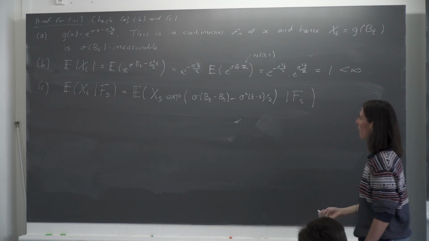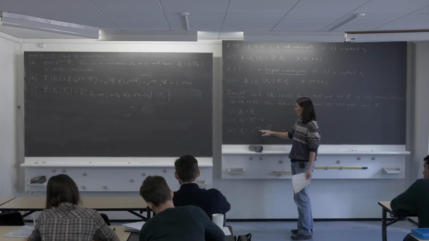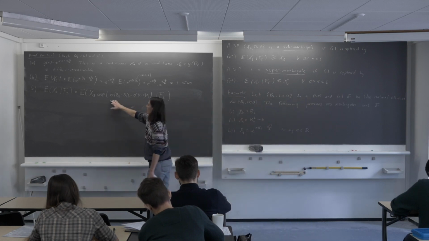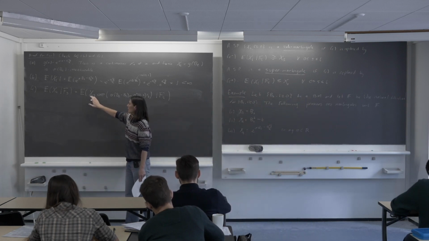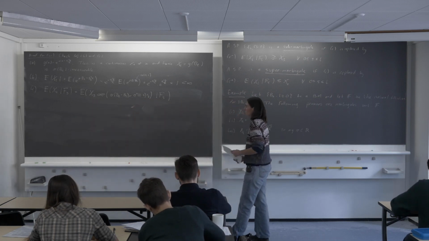Okay, so all I've done there is I'm just using exactly this expression here, and I've pulled out e to the sigma Bs minus sigma squared s over 2, and then I've had to put it back in here again. So I'm just using the exact explicit expression for Xs over there.